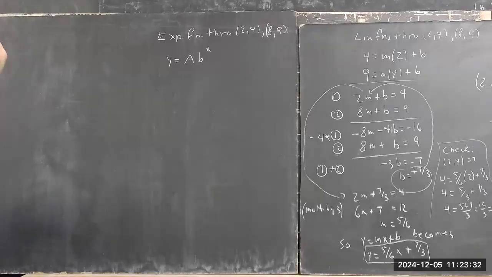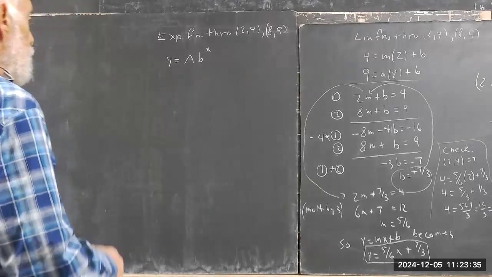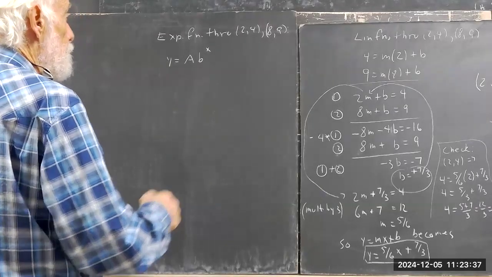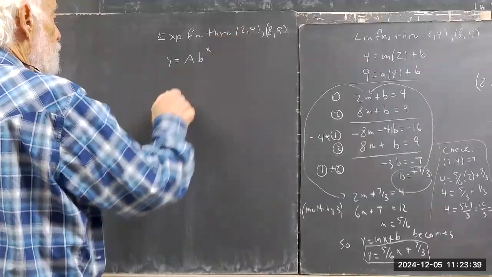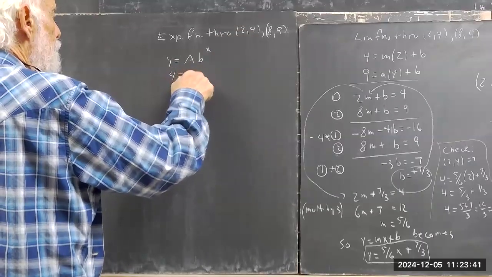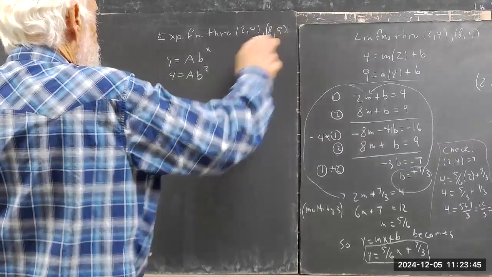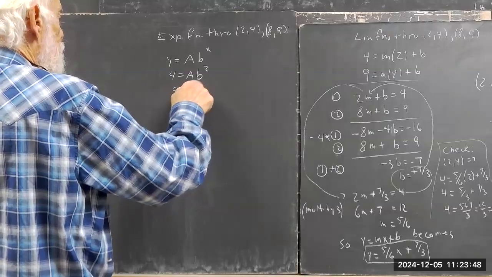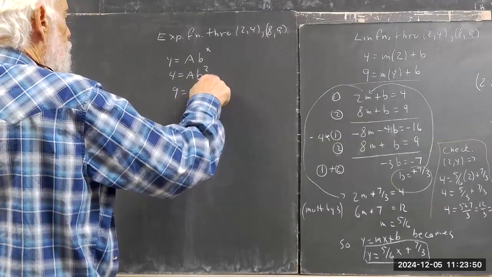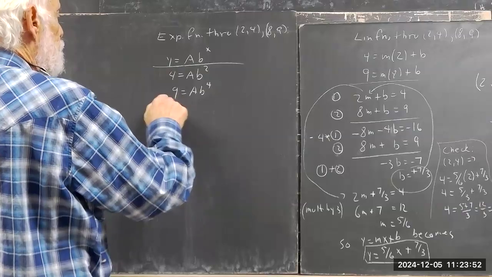Y equals A B to the X. So using the point 2, 4, we get 4 equals A B to the second. Using the point 8, 9, we get 9 equals A B to the fourth. Here's our system.